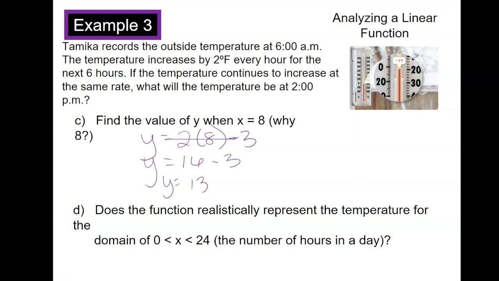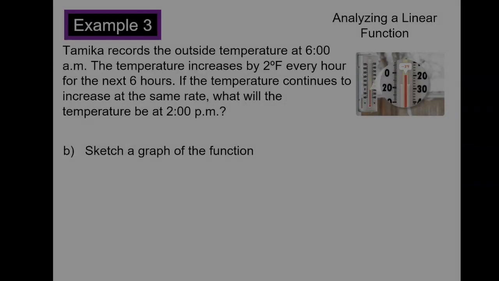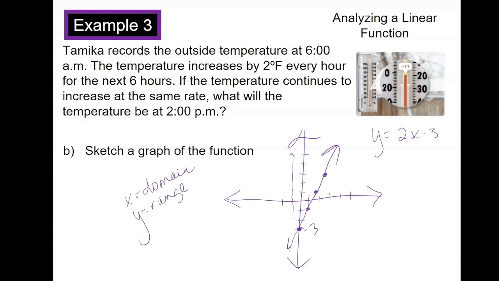Because it's not going to rise every hour for 24 hours. It rises and then it goes back down again. So we can think about what we would actually want to have for our domain. And maybe that's where that 8 comes in, right? Because for about 8 hours, maybe the temperature increases, but then it's going to start coming back down.